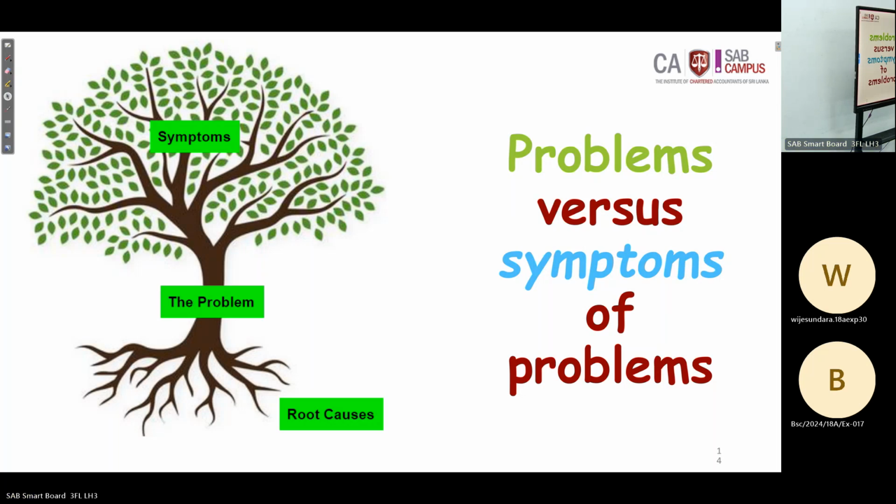Symptoms. Problem, symptom, causes. Problems, causes.